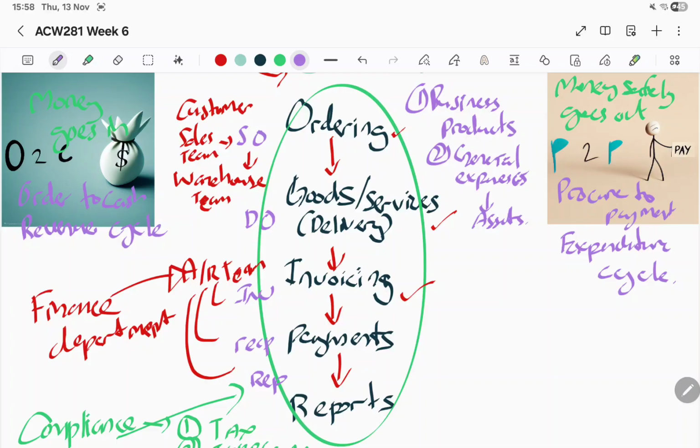Does that make sense? You debit your asset also, right? Or you debit your expenses. So in that sense, for the purchase cycle, certain companies will have their own asset management cycle, but certain companies will just compile all together into one. And this is where you start the ordering.